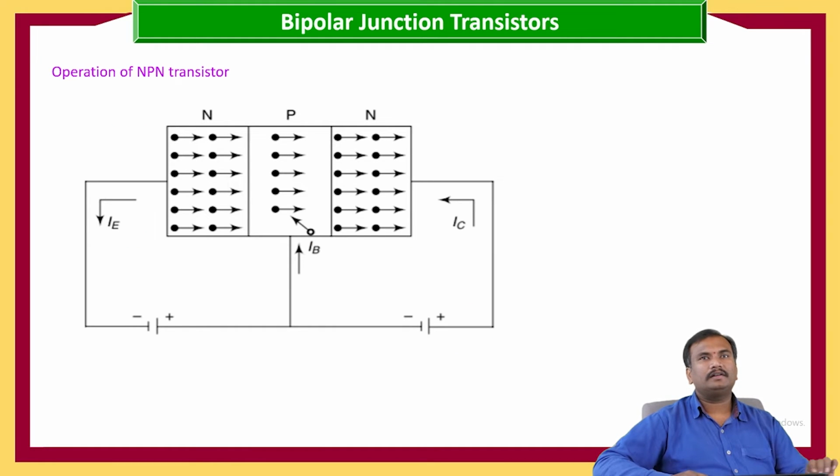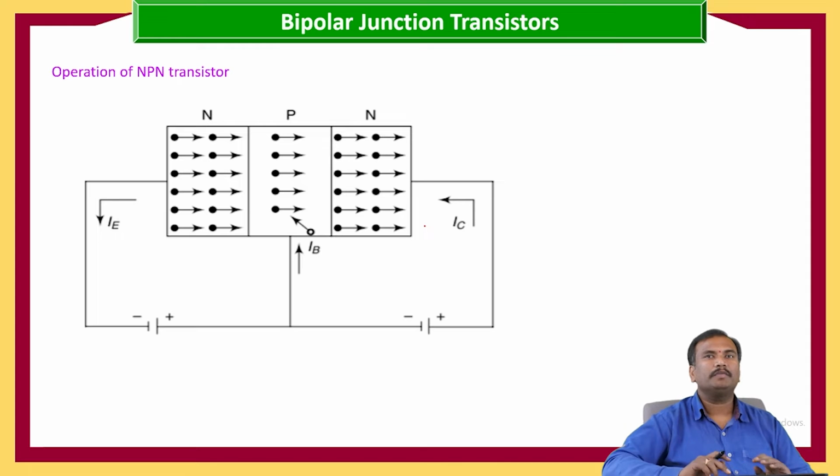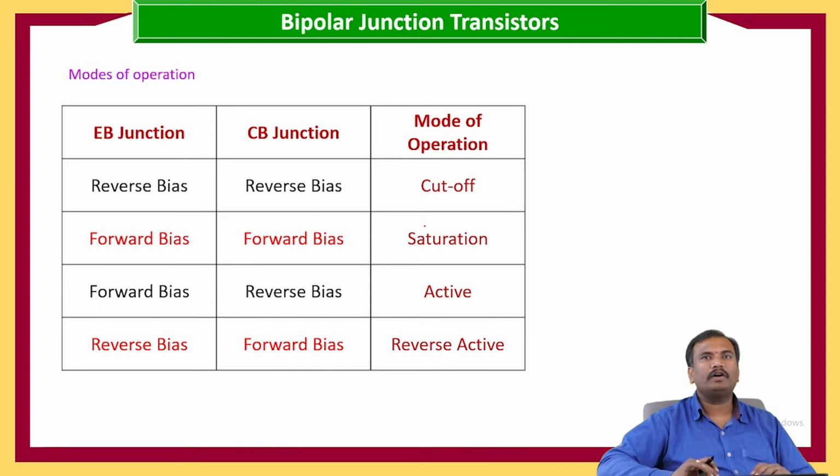This is the way how the operation in the transistor is going to take place. So here when we are having NPN transistor, we are going to connect the emitter base junction as forward bias and base to collector junction as reverse bias, because we need to get the active mode of operation.